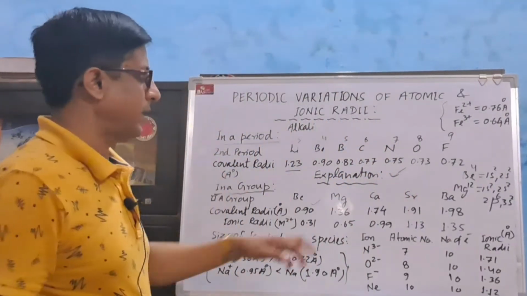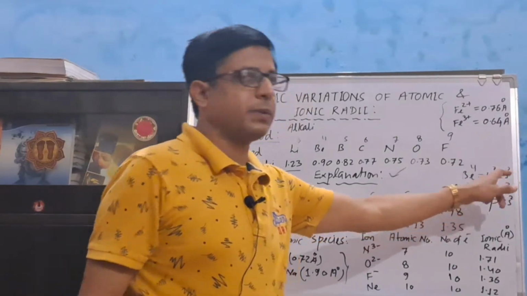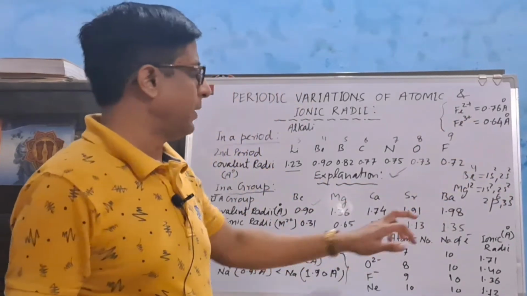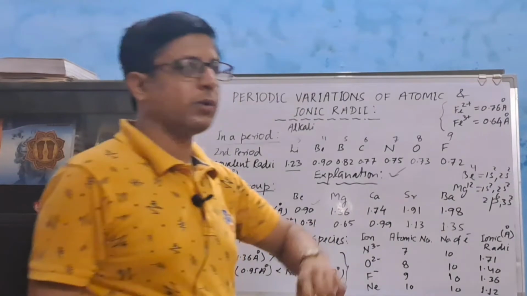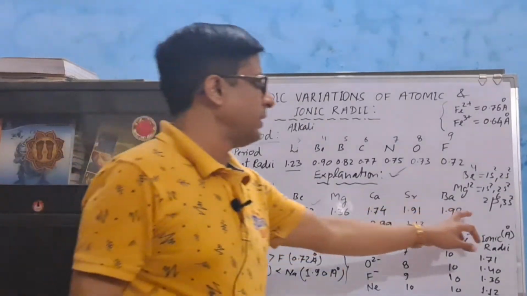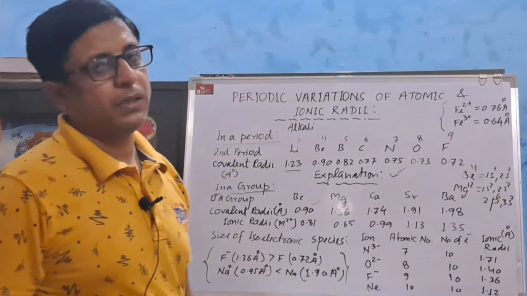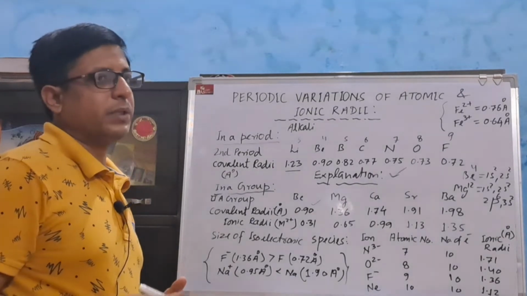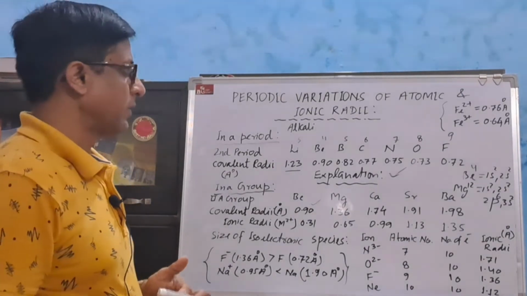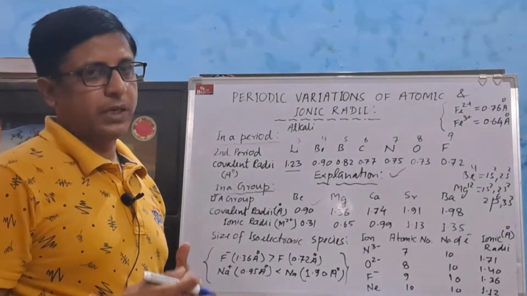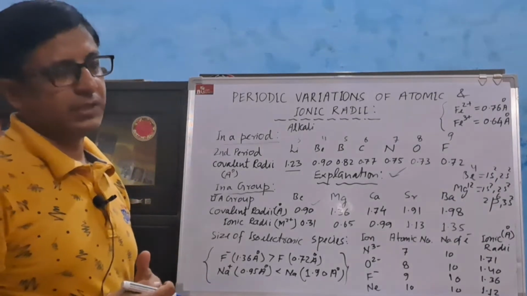Thus we see that in case of beryllium, electrons are present up to the second energy level, but in case of magnesium, electrons are also present in the third energy level. Therefore, the distance between the nucleus and outermost shell of electrons increases, thus the electrostatic force of attraction decreases.